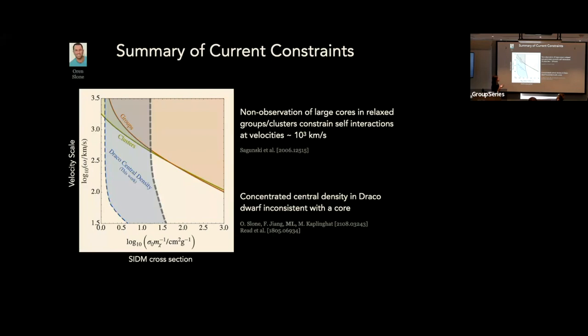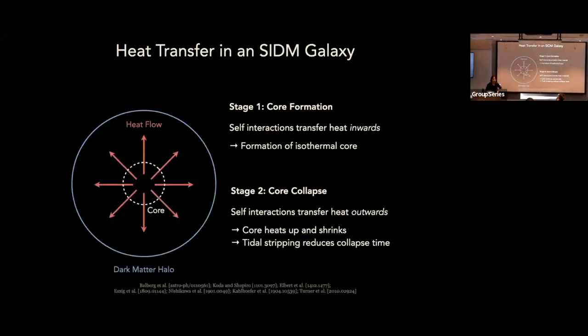Up until this point, the only thing we've used is the fact that SIDM tends to form cores, or may form cores, in galaxies. But that's not the end of the picture. That stage where it forms a core is actually not an equilibrium state. It's temporary, so to speak. After a certain point in time, the heat flow will reverse direction and flow back out.